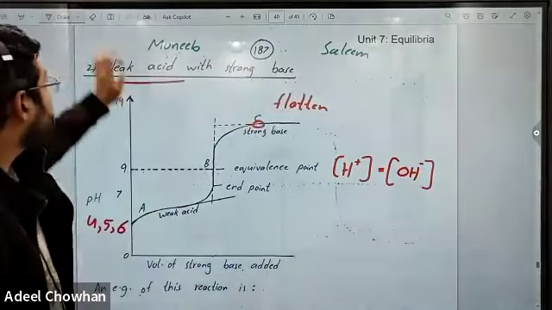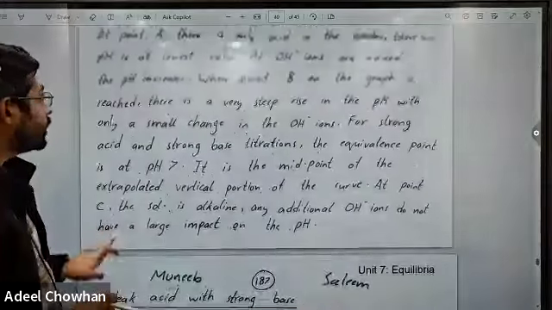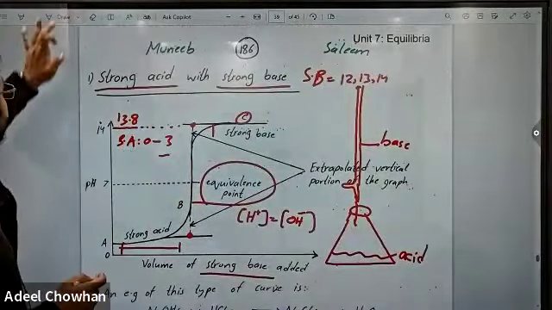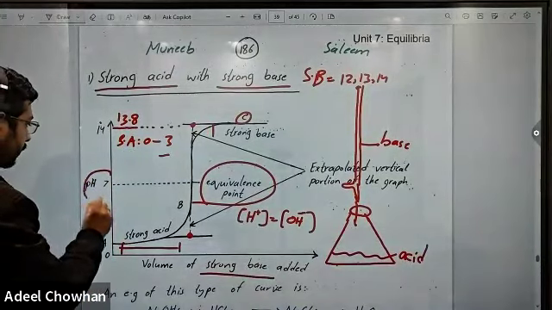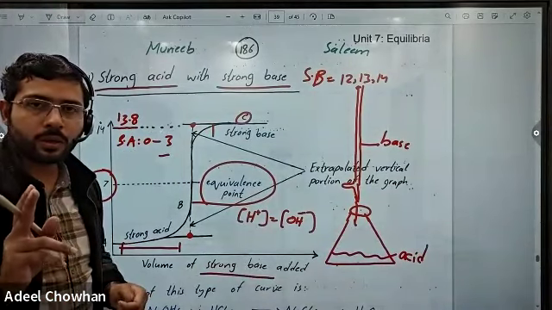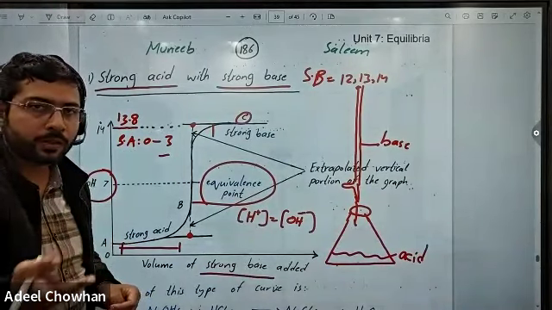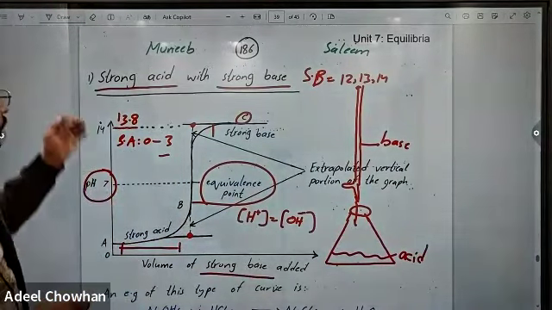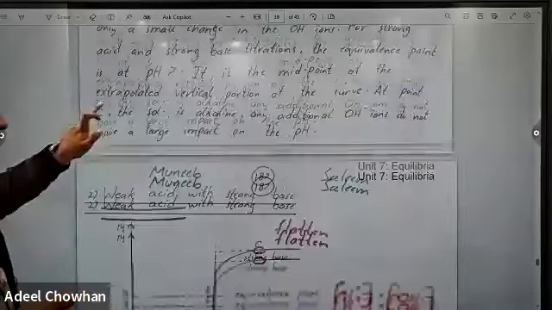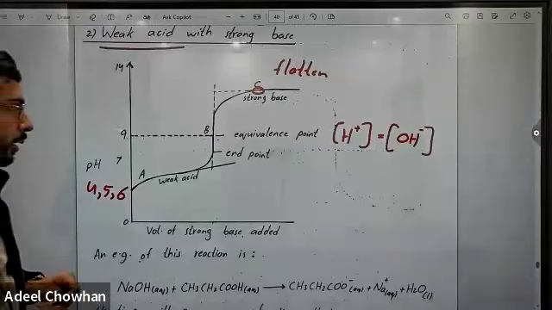One thing to note from the previous combination is that the equivalence point for a strong acid with a strong base is exactly at pH 7. So you have to keep in mind that the pH of the equivalence point for strong acid and strong base is 7. However, this 7 is not attained in the other combinations if we have different types.